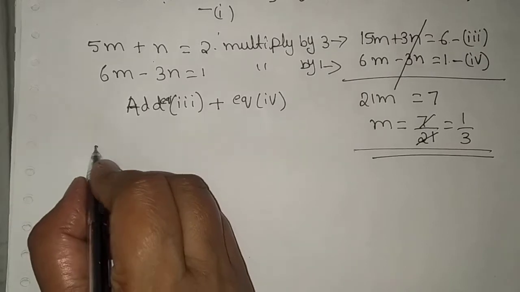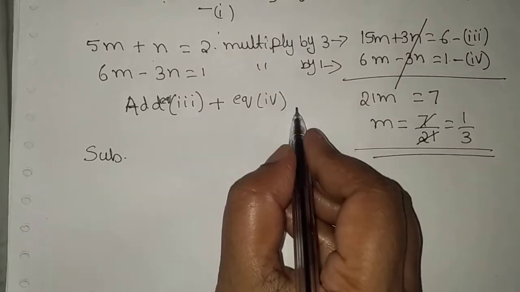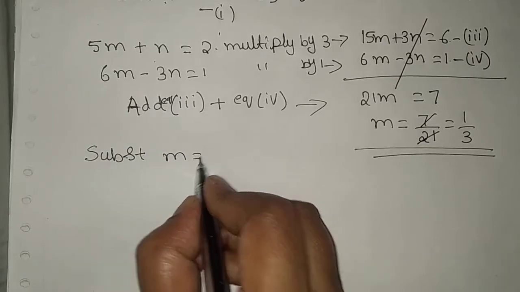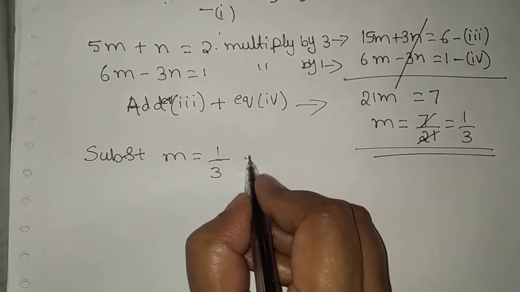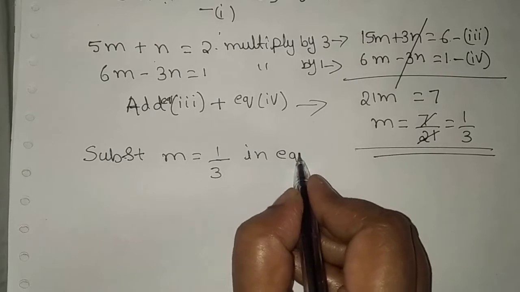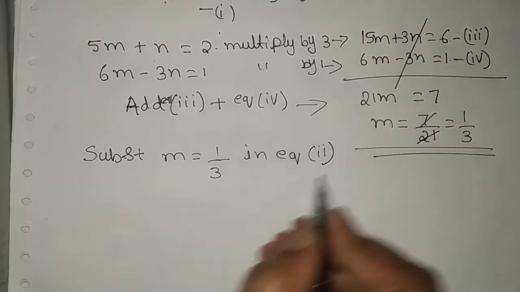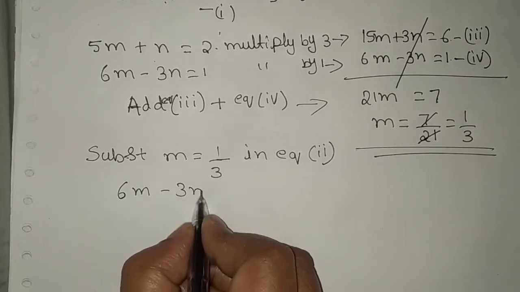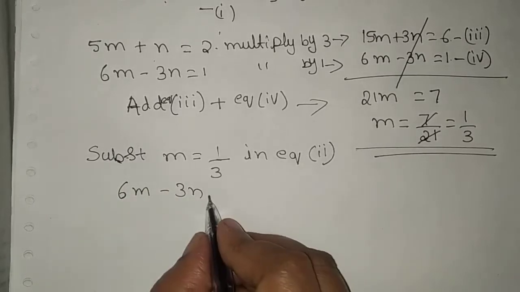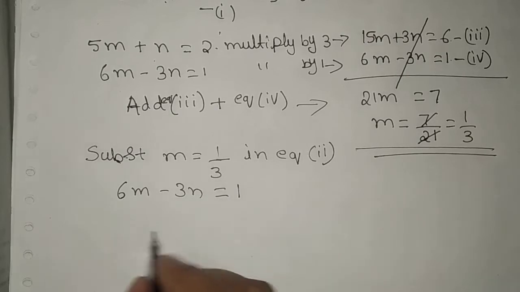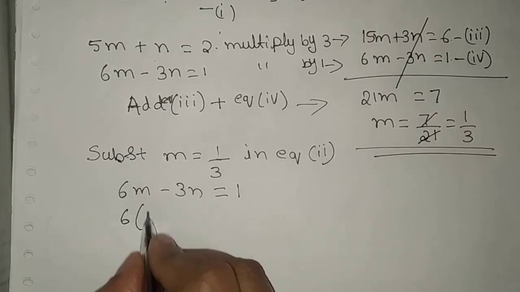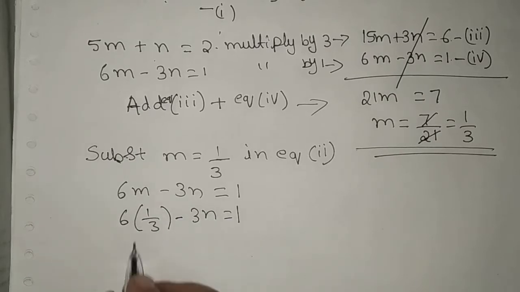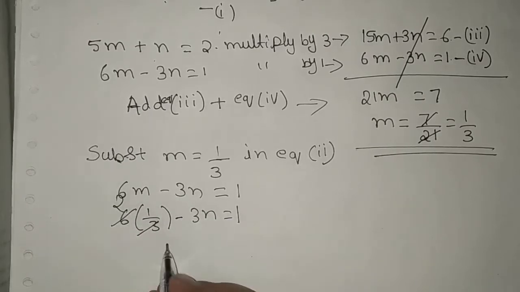Now next step is substitute m is equal to 1 by 3 in equation 2. So what is equation 2? Just write down, that is 6m minus 3n is equal to 1. m is 1 by 3, so 6 into 1 by 3, minus 3 into n is equal to 1. 3 ones are 3, 3 twos are 6, cancels.